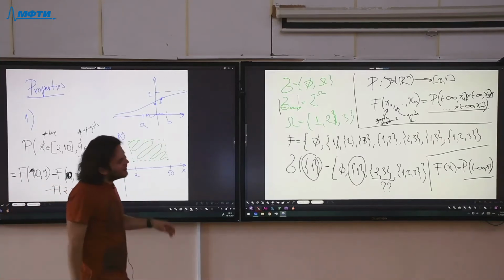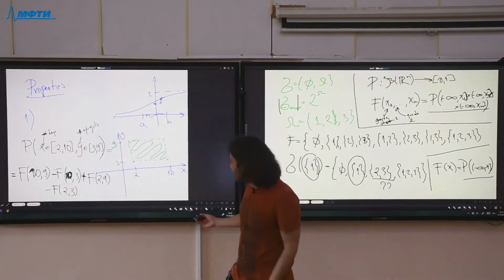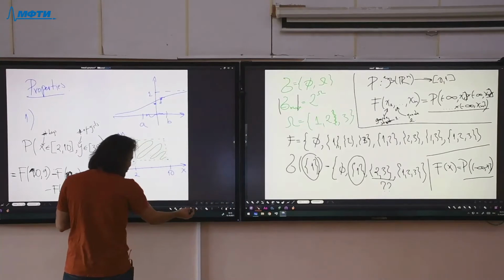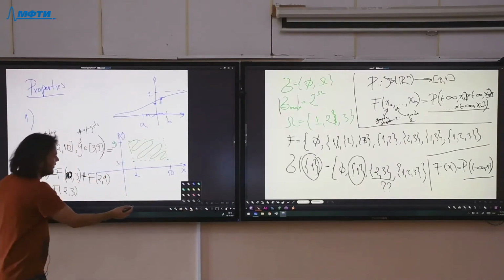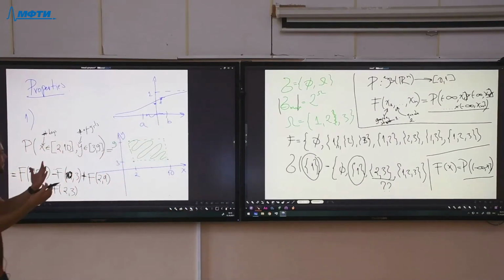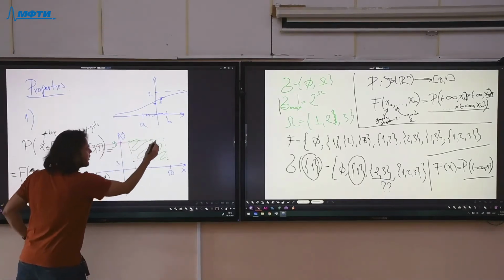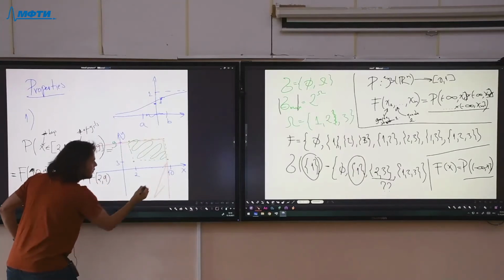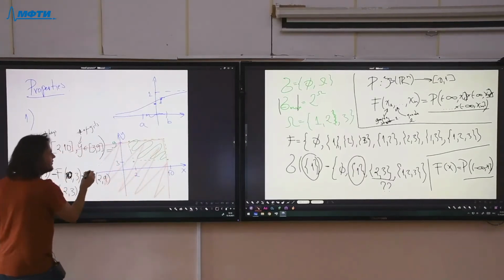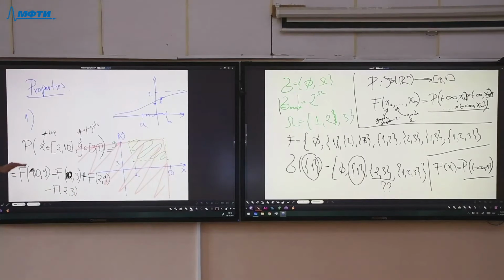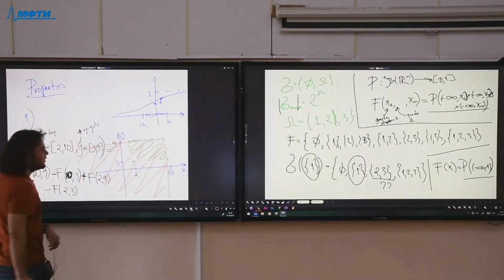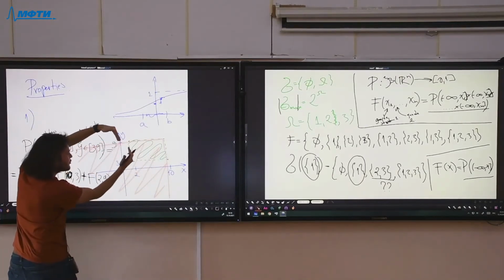Well, you almost got it. You didn't. Look, what are you thinking here? You almost got it. Come on. Look, what is this? F of 10, 9. This is all of this area, right? No, that's it. This is this area. We need this area. So this area minus this one.